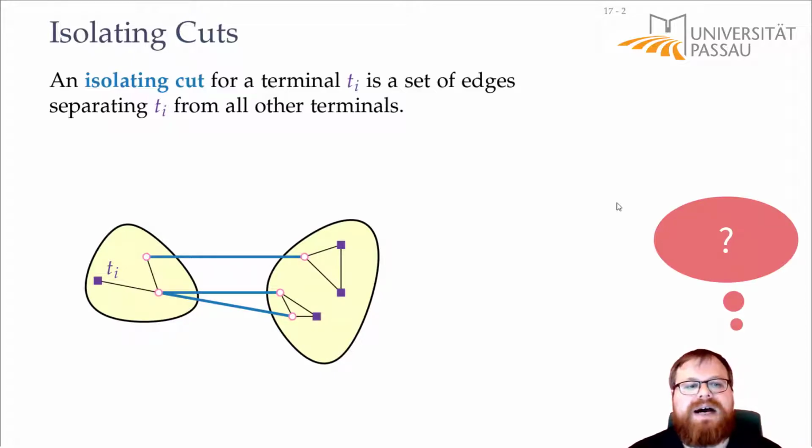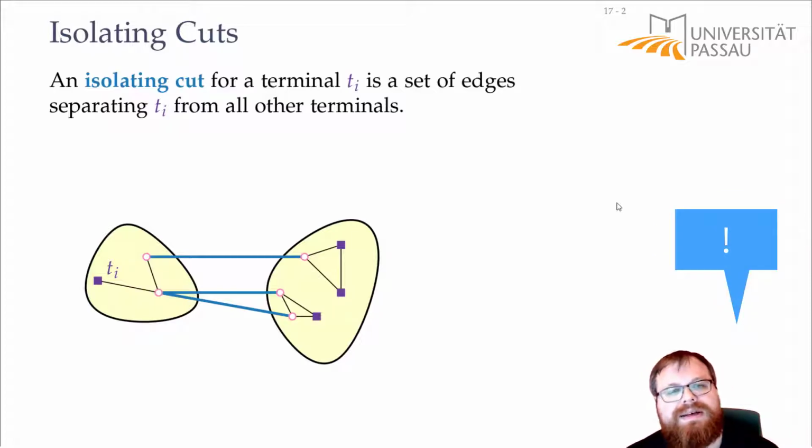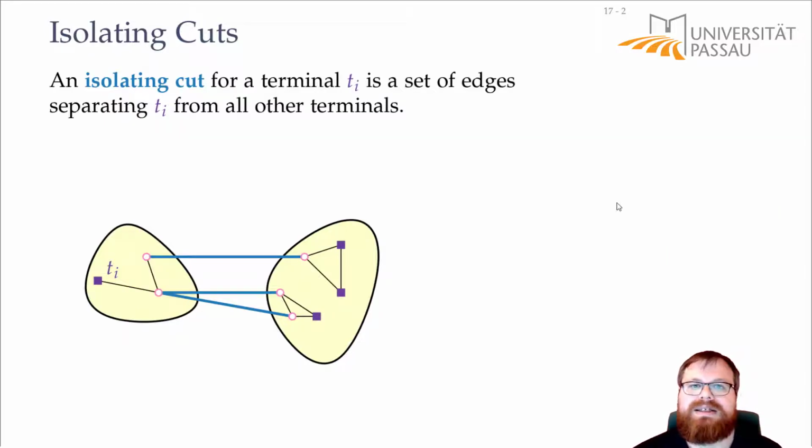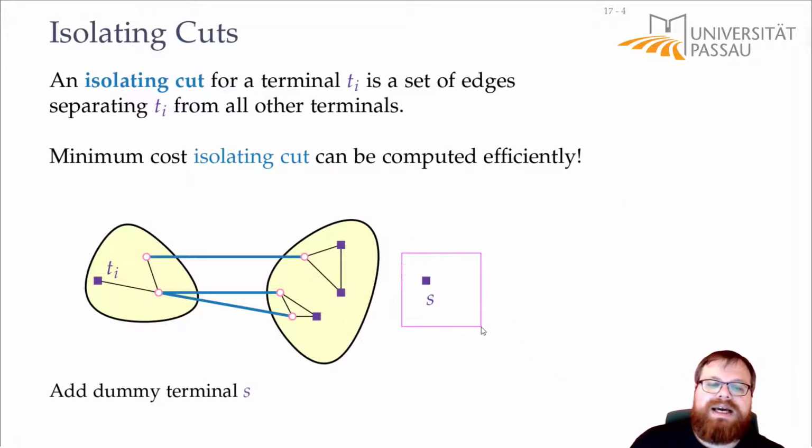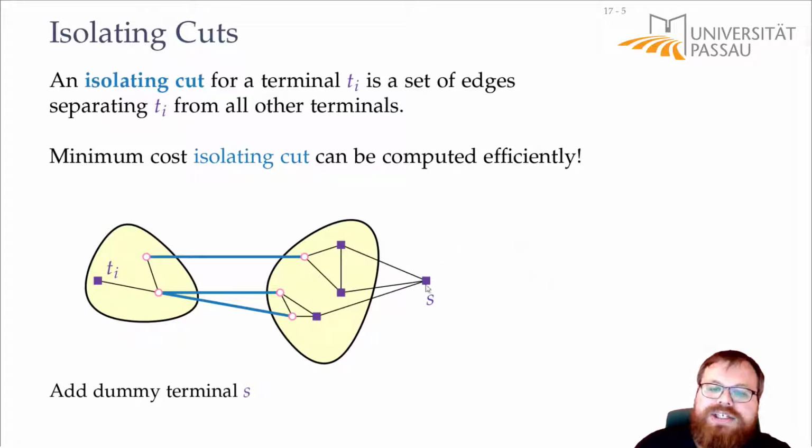Can we efficiently find an isolating cut for a single terminal? Yes, we can. We can indeed use our knowledge from the minimum st cut. And how to do that is quite elegant. We just add a dummy terminal, S, and we connect it to all these other terminals except Ti. And all these edges that we add, we just give them cost infinity.